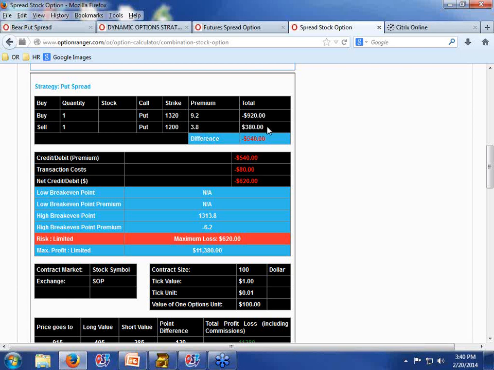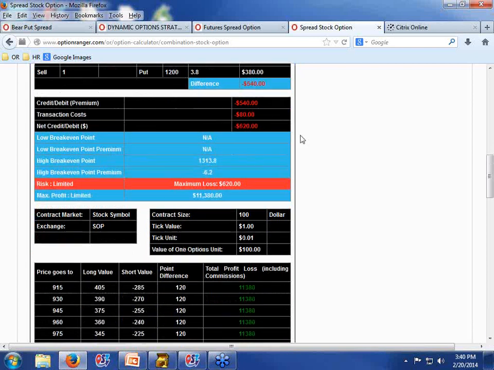For 3.8, which is $380, so you are reducing your cost from $920 to $540 if you think the market's not going to drop under $12.00. It's a pretty significant percentage difference between the two. I factored in a transaction cost of 80 here. It can be whatever it is. It's 40 per option in this particular case.